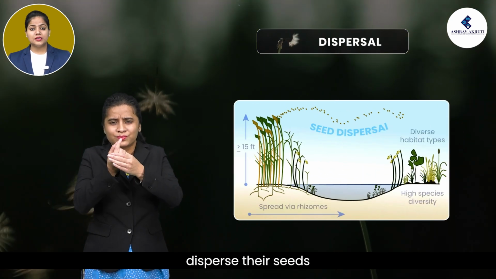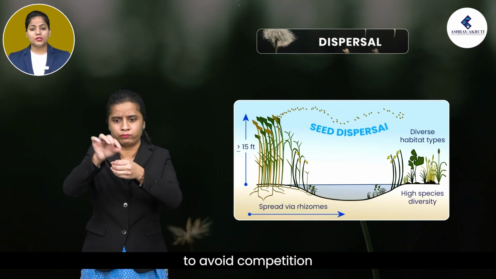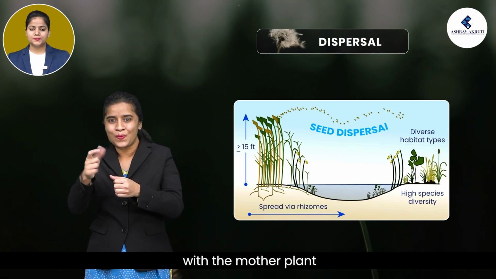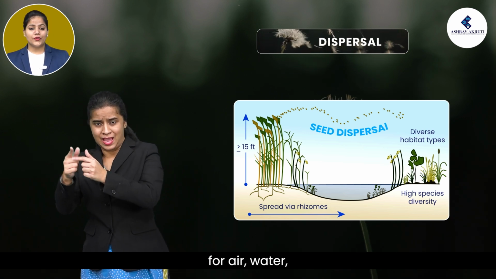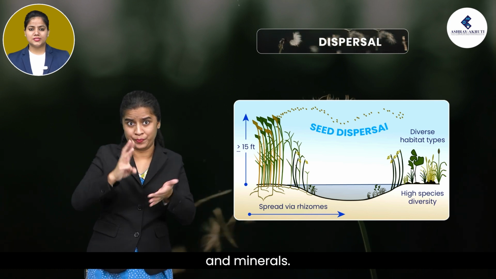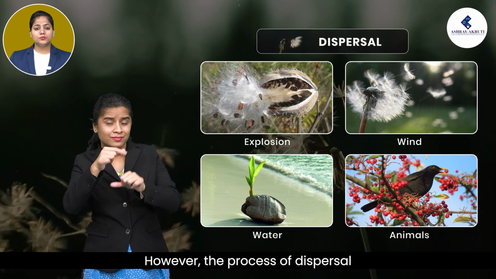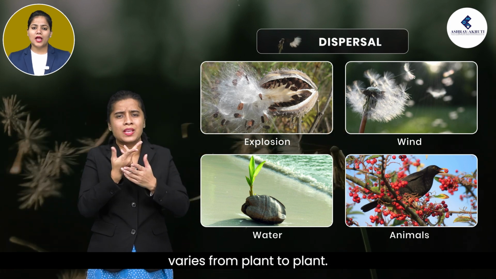Plants disperse their seeds to different distances to avoid competition with the mother plant for air, water, and minerals. However, the process of dispersal varies from plant to plant.